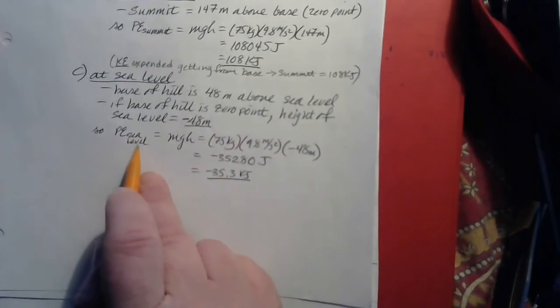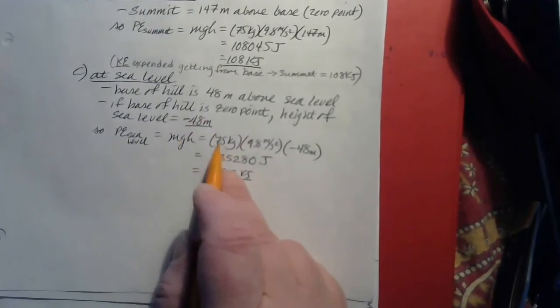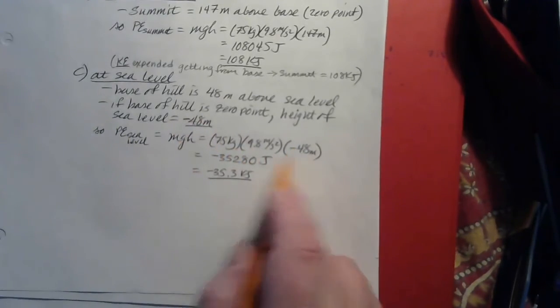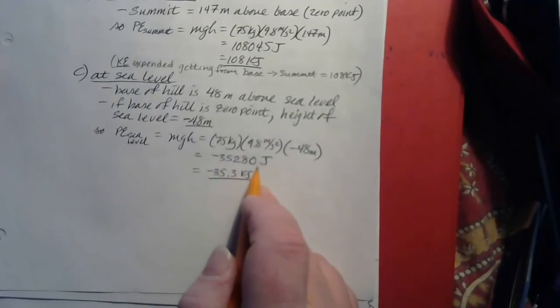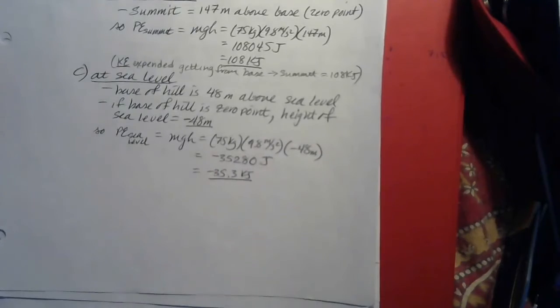So the potential energy at sea level relative to where we set the 0 point for this problem would be mgh, that's 75 times 9.8 times negative 48. And that's negative 35,280 joules, or negative 35.3 kilojoules.